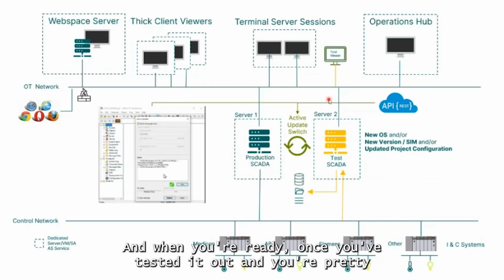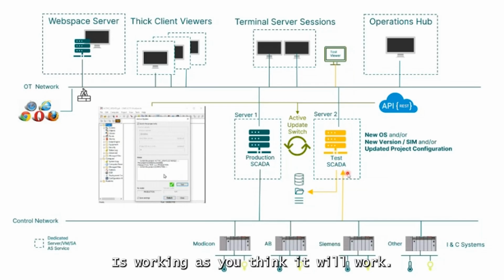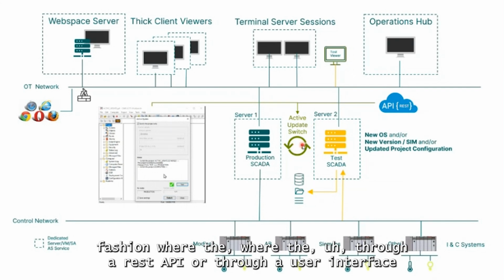And when you're ready, once you've tested it out and you're pretty confident that this changed Cimplicity project or Cimplicity version is working as you think it will work, we will provide the ability to switch the modes in a coordinated fashion, through a REST API or through a user interface in the workbench.